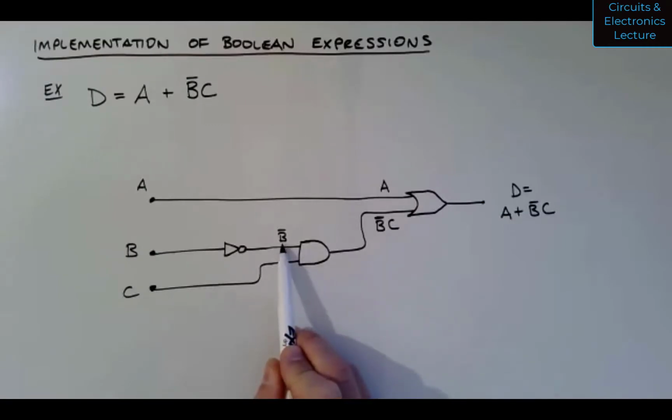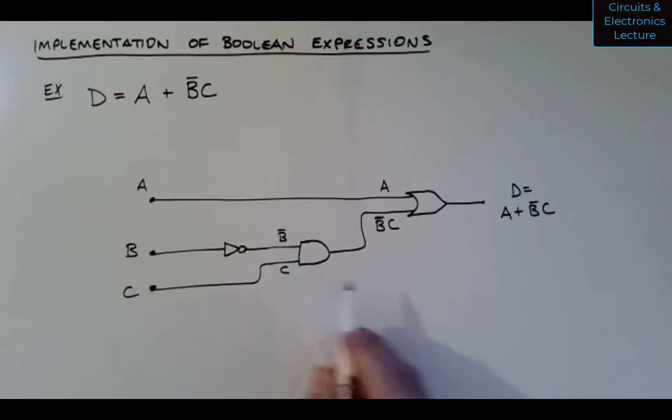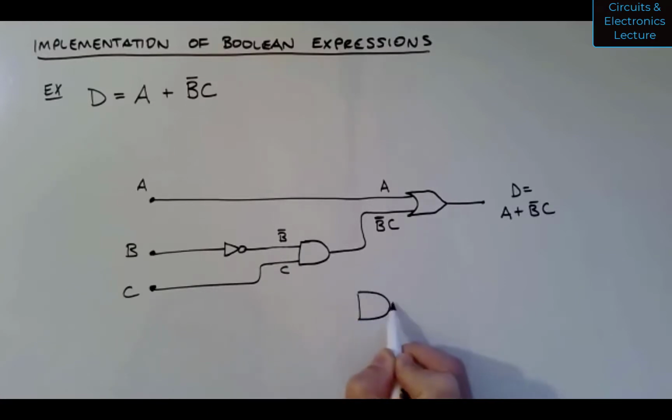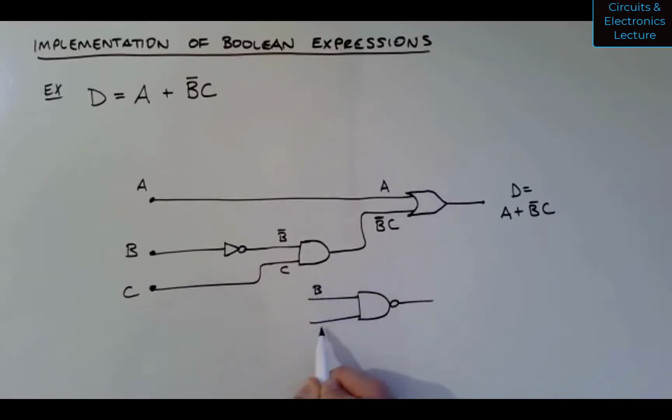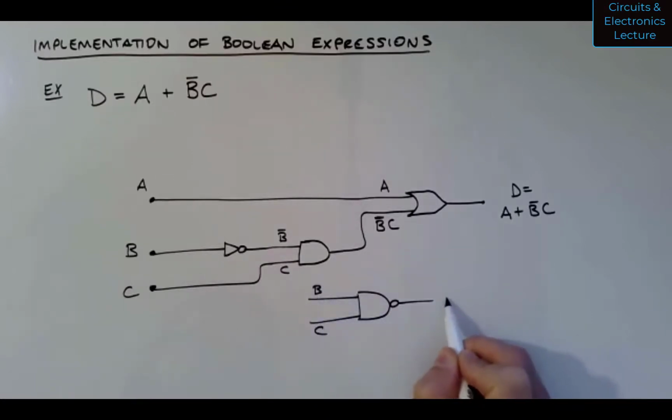A NAND gate. You mean for this. Let me show you that. If I use a NAND gate and I put B here and C here, then I get the inverse of BC, like that, right? So the inverse applies to the whole thing after I've ANDed B and C together.